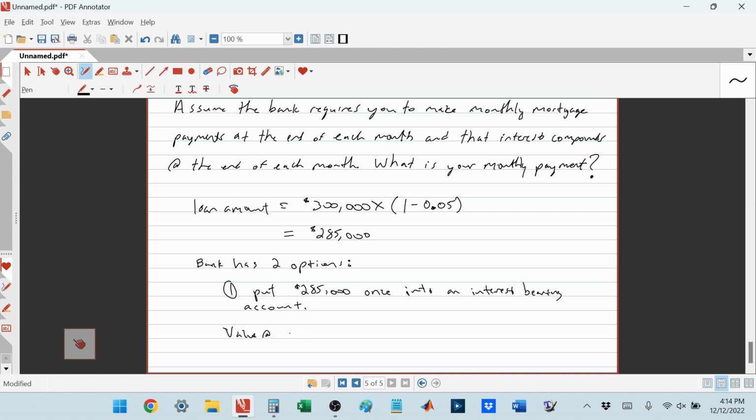The value at the end of 30 years of that option to the bank is the future value.